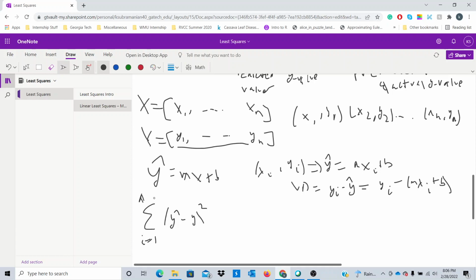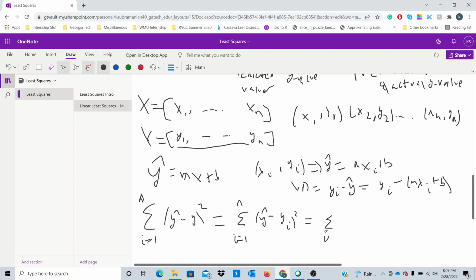So this expression here that we want to optimize is simply equivalent to doing this: i equals 1 to n. For each of the n ordered pairs, we're going to take the difference between the predicted value of y from the line versus the corresponding y value. So we're going to do y hat minus yi, whole squared. And what do we know about y hat? Well, this is the predicted y value we get from plugging in the corresponding xi.